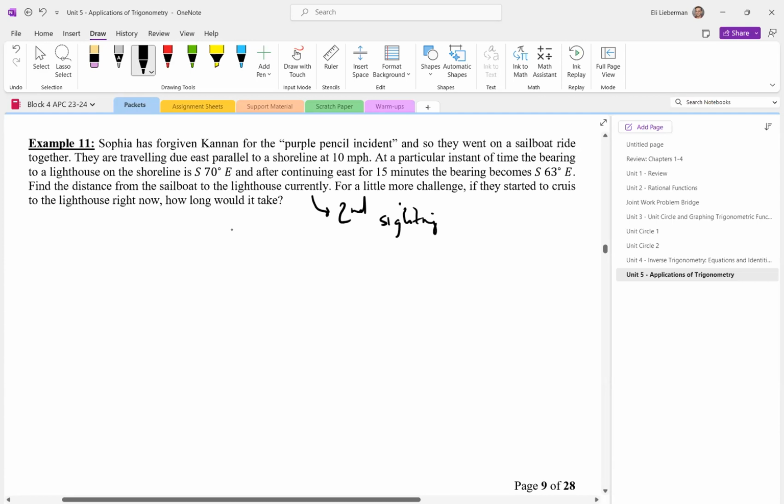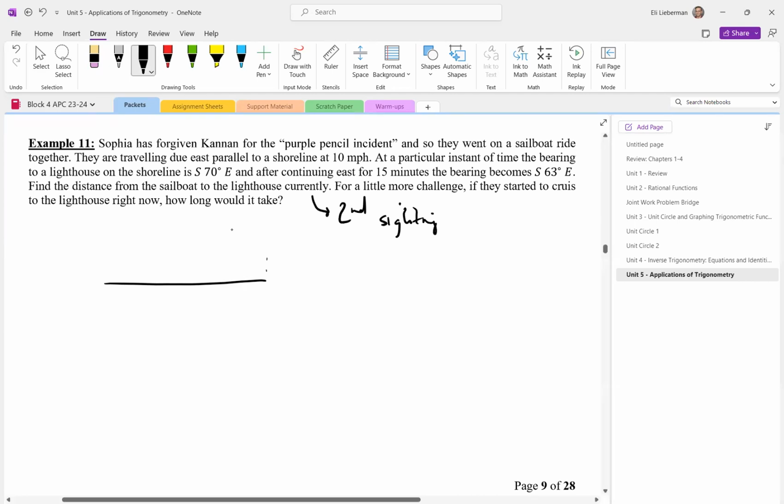So I'm going to help you out with this a little bit. They're traveling along due east when they come across a lighthouse, and the lighthouse, of course, is on the shore. Do you see where the lighthouse would be? It's saying that it's 70 degrees east of south.